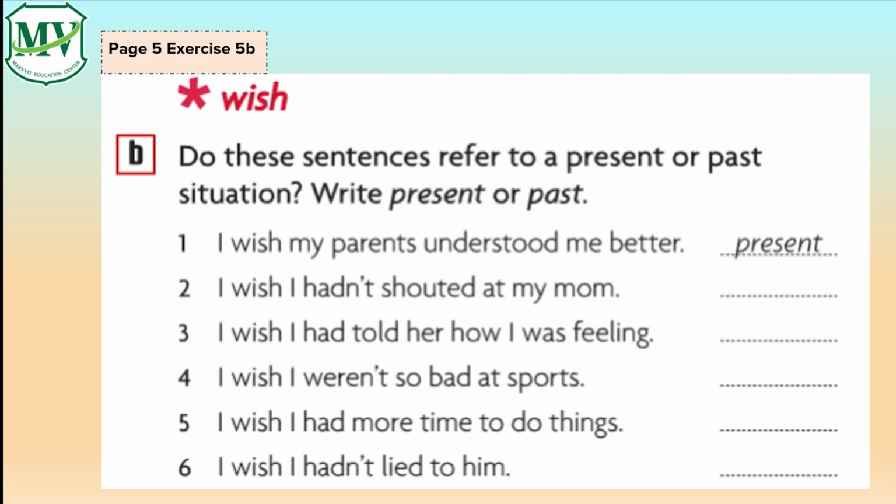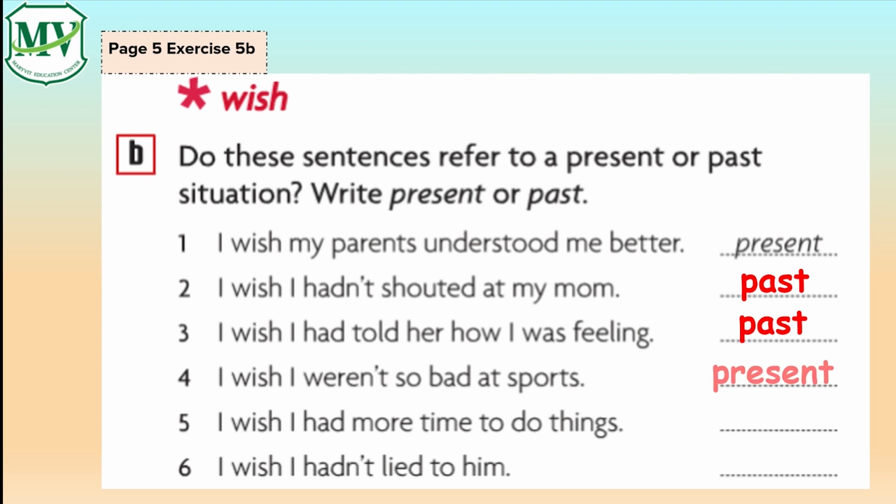How about number 2, present or past? That's right, it's past. I wish I hadn't shouted at my mom. Number 3, present or past? Correct, past. I wish I had told her how I was feeling. And number 4, present or past?